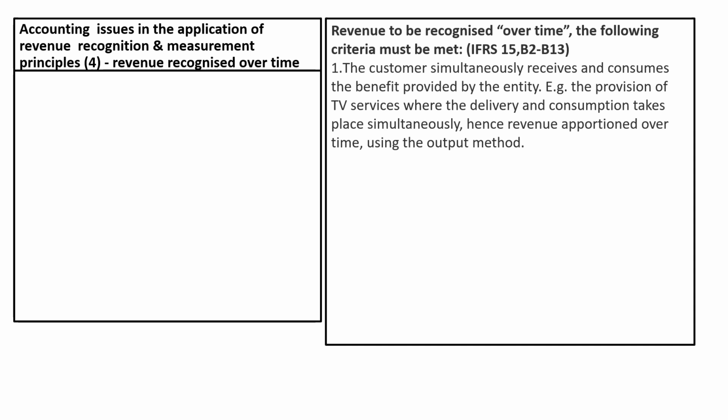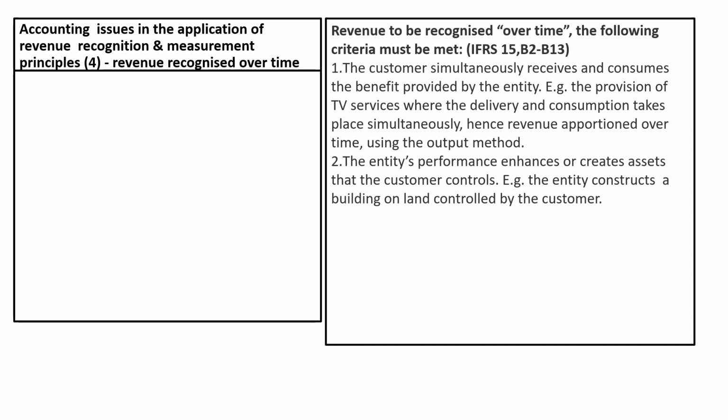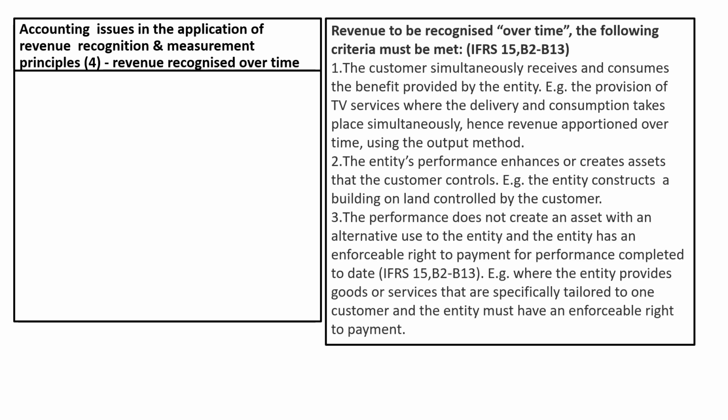For example, the provision of TV services, where the delivery and consumption take place simultaneously, hence revenue is apportioned over time using the output method. Second, the entity's performance enhances or creates assets that the customer controls. Example, the entity constructs a building on land controlled by the customer.